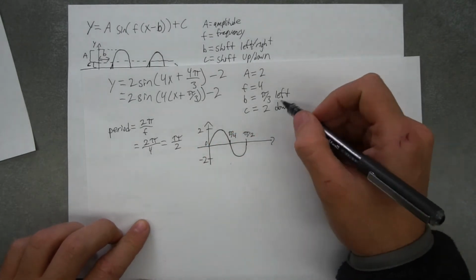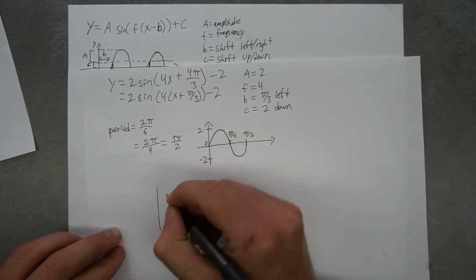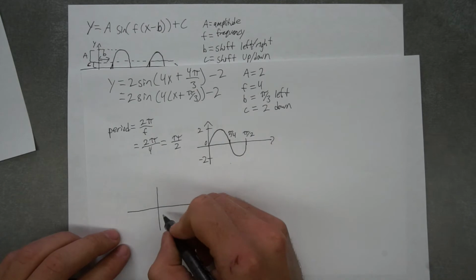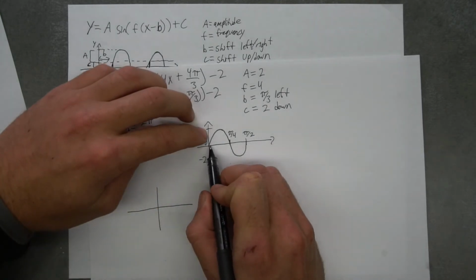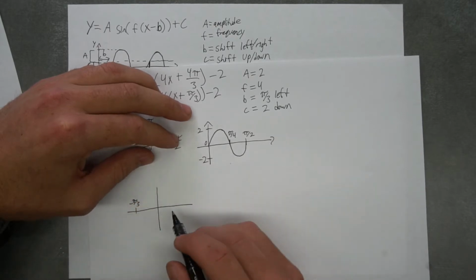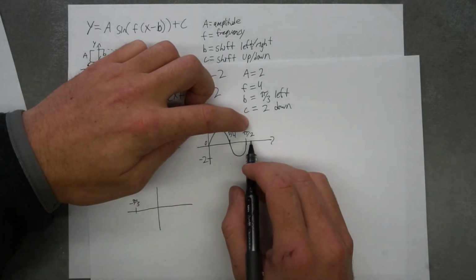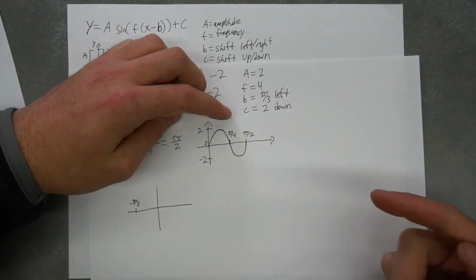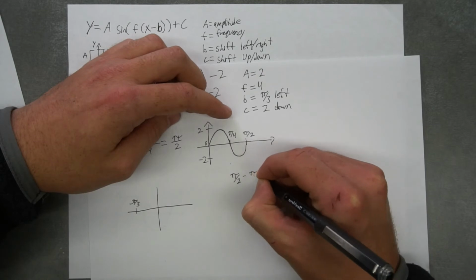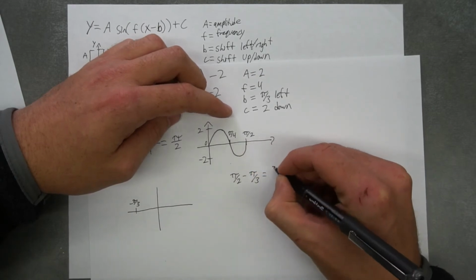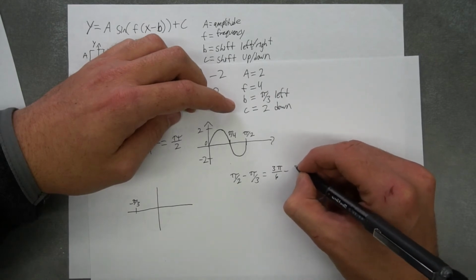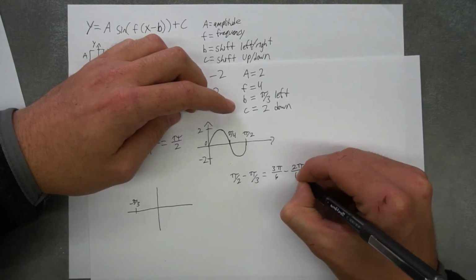Now let's apply our shifts. The first shift is that the 0 is going to go to negative pi over 3. And our pi over 2 is going to move pi over 3 to the left. So we have pi over 2 minus pi over 3, which is equal to 3 pi over 6 minus 2 pi over 6.